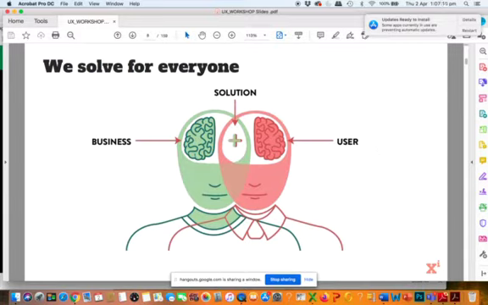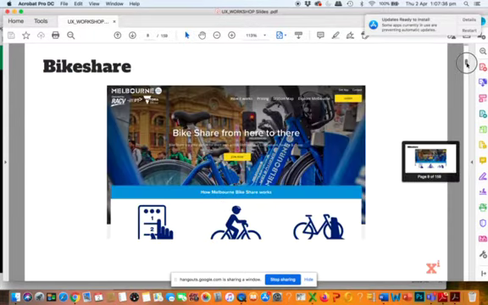And you as a designer have got to think about both sides of this equation and come up with a solution that's going to help the business, or it could be, not just a business, it could be a social service, it could be any kind of object or service that you're trying to work with. And then you've also got to make sure that your user will come back and use it again, and that's going to help your business.